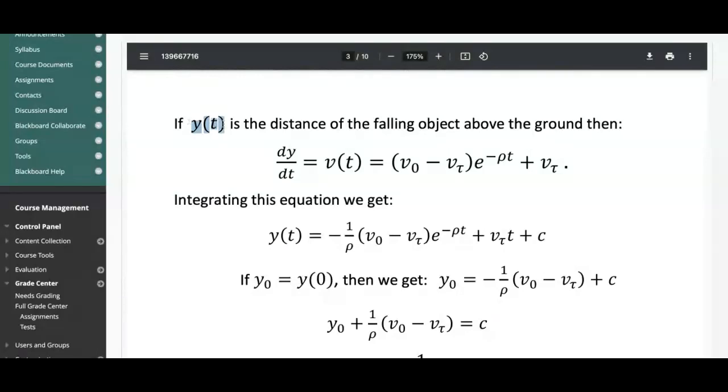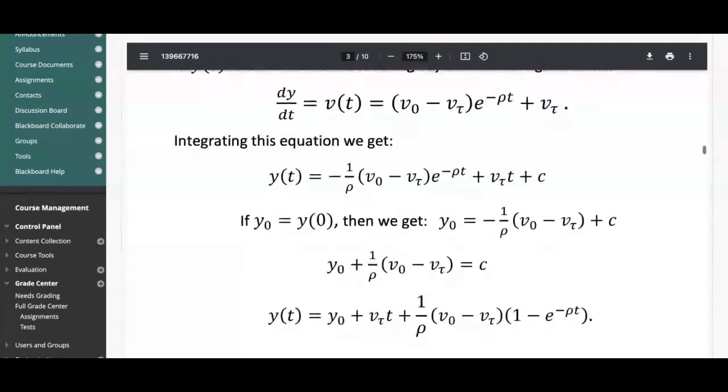If we let y of t be the distance of a falling object above the ground, then dy dt equals the velocity, which equals such a representation. Integrating this equation, we get a function of y in terms of t.